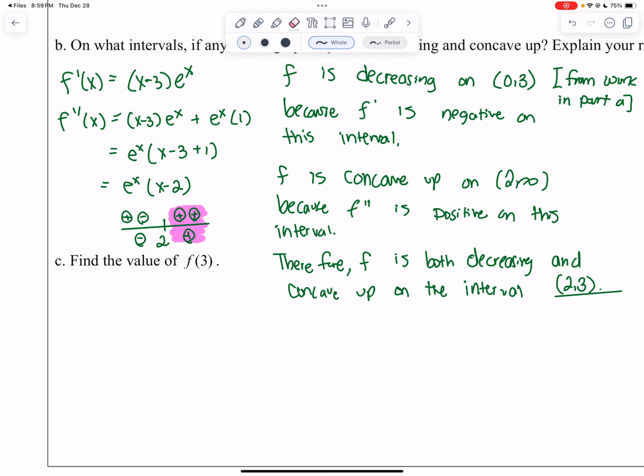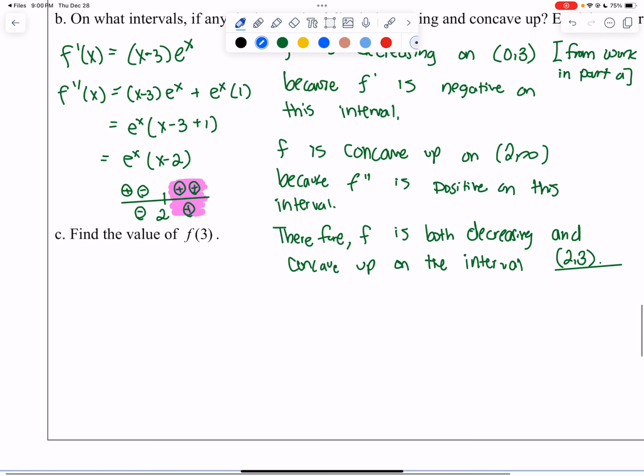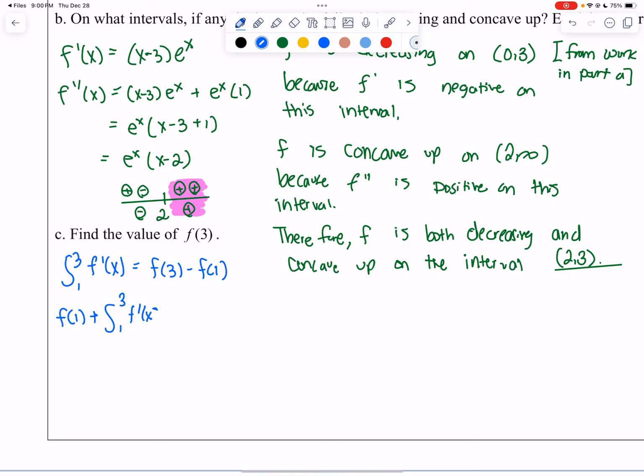Okay, now we want to find the value of f of 3, which is where our integration by parts comes in. So we have the integral from 1 to 3 of f prime of x equal to f of 3 minus f of 1. And we want to find f of 3, so we have f of 1 plus the integral from 1 to 3 of f prime of x is equal to f of 3.